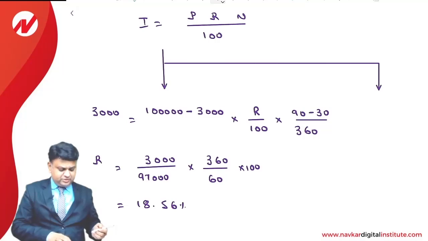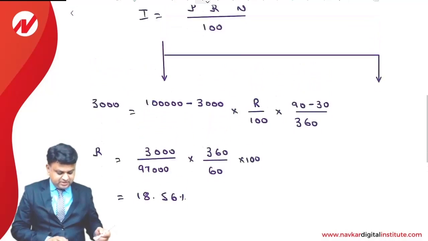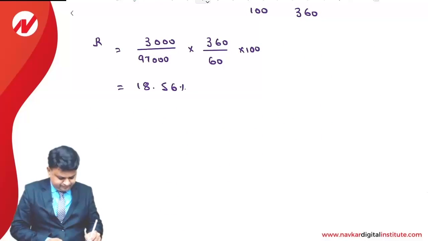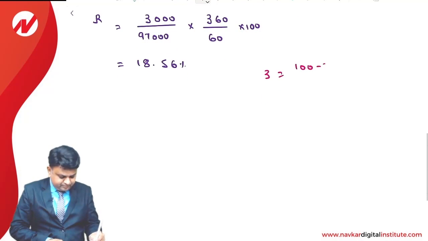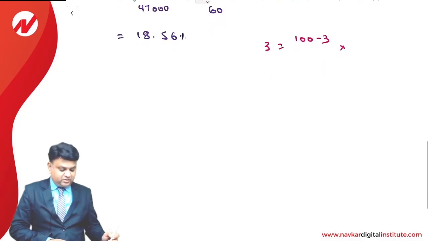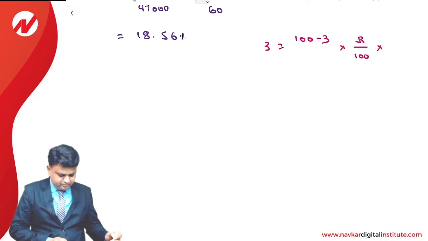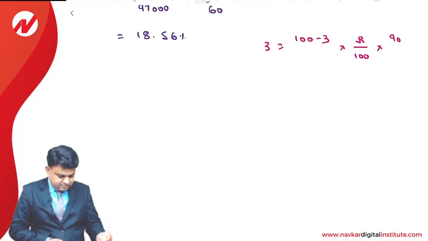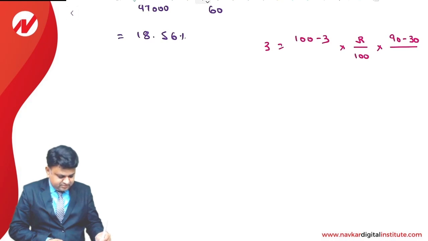If I would have assumed that the invoice is 100 rupees, then in that case the amount of the interest will be taken as 3. Principal will be 100 minus 3. R is required to be found as balancing figure. And the time period will be taken again 90 minus 30 divided by 360.